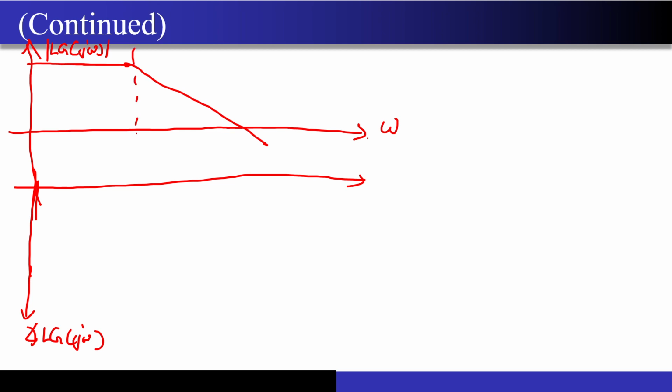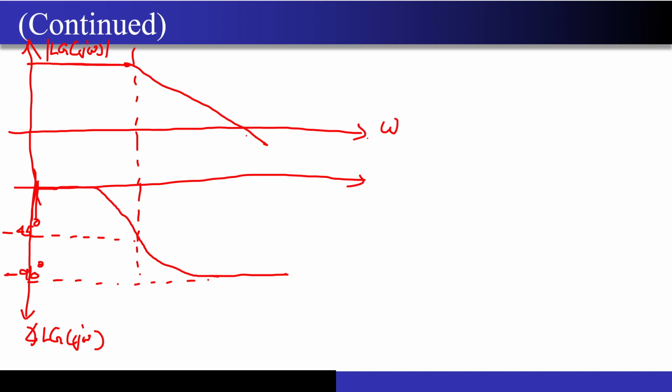Correct? So the moment I hit the pole, how much phase shift will I incur if I start from 0? 45 degrees. Yes, very good. So this is minus 45 and this is going to minus 90 because it's a single pole system.